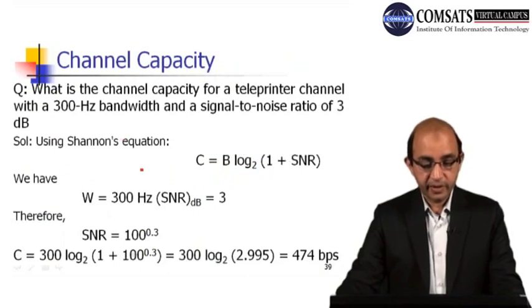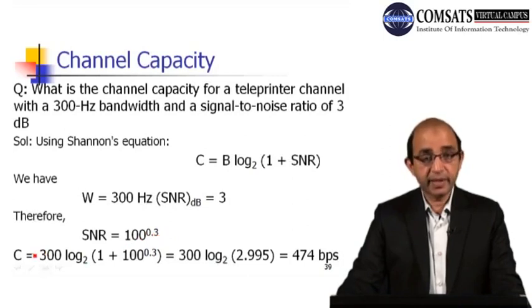So here we have the question, and we are given the bandwidth W equal to 300 Hertz, and SNR of 3 dB, so that is actually SNR equal to 100 raised to power 0.3.